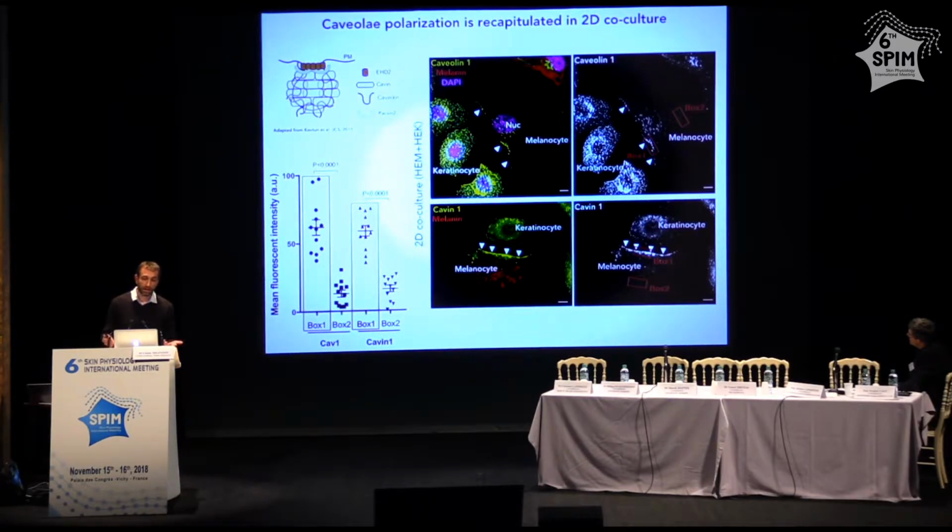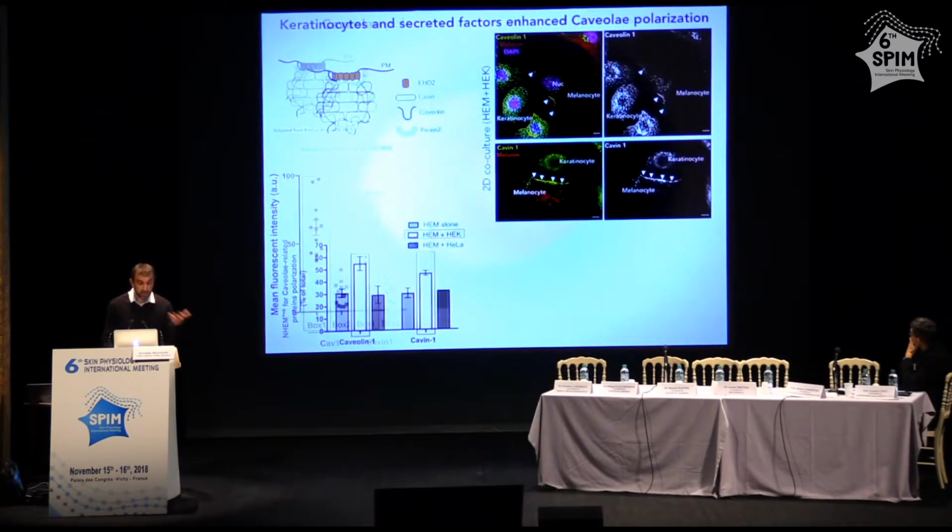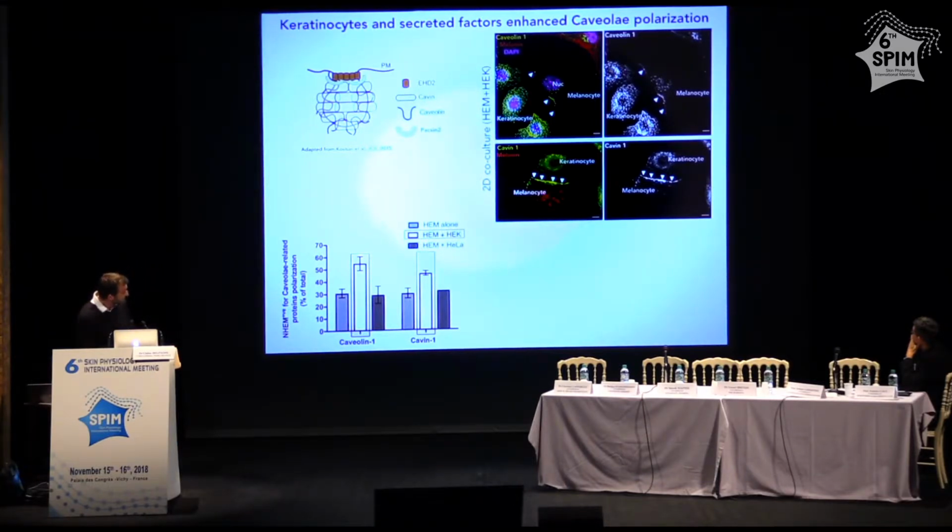Since keratinocytes can secrete many factors and clearly have a very important role in controlling the physiology of the melanocyte, we decided to test whether keratinocytes might have a role in the amount of caveolae that are produced. So we used this co-culture system, but we also grew melanocytes alone or together with irrelevant cells like HeLa cells, for instance. What you can see here is this polarization and intensity profile.